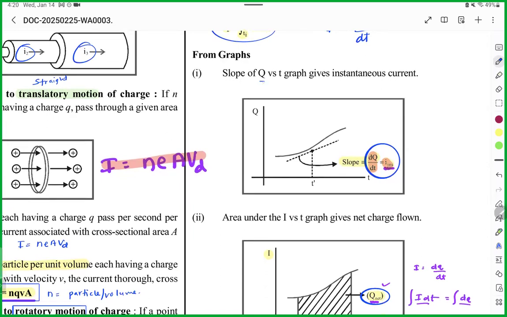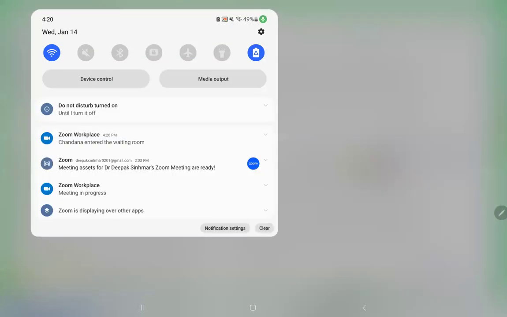If you take the slope of the q-t graph and you want to calculate instantaneous current, you need to do differentiation.